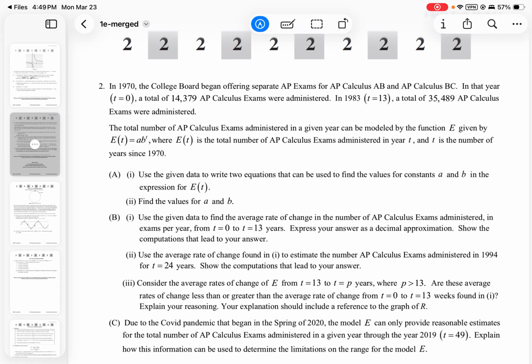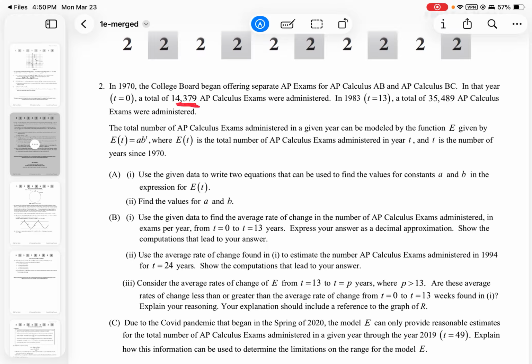All right, so we are probably going to use a regression here. If you're familiar with FRQ2, it will always start with this. Use the data to write 2 equations that can be used to find the values. Well, we have 2 sets of inputs and outputs, so we can write 2 equations.